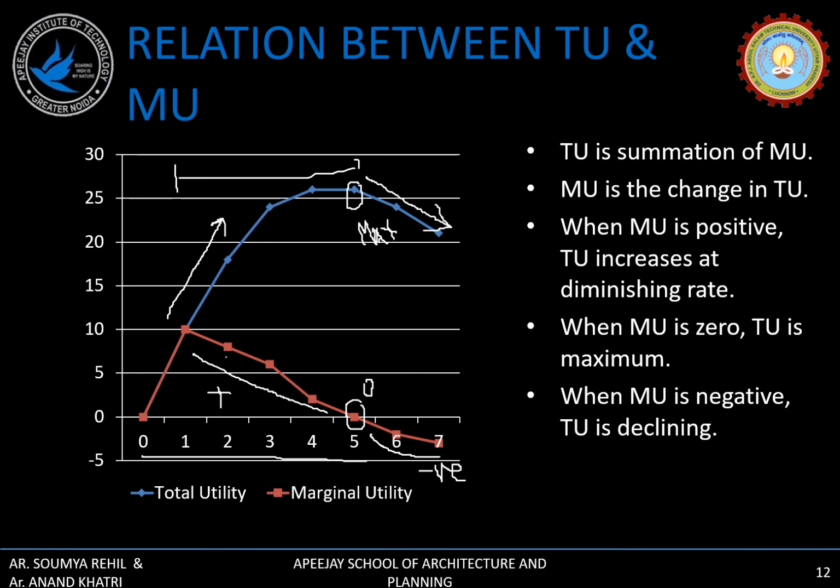That is the relation between total utility and MU, that is, marginal utility. I hope this presentation has cleared your issues and your fundamentals on utility.